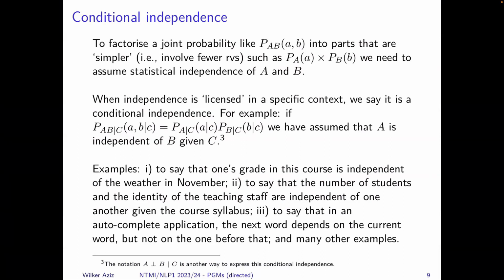Another example, this is more of an NLP example: to say that in an autocomplete application, the next word depends on the current word, but not on the one before that. And by the way, number 2 is precisely conditional independence of this kind. And there are many, many other examples. These are conditional independencies.